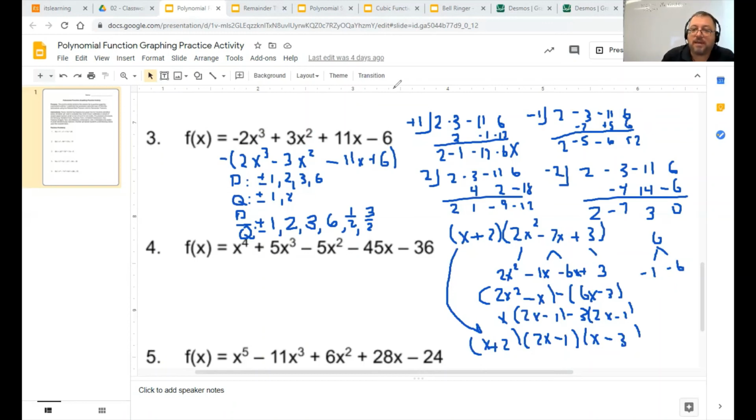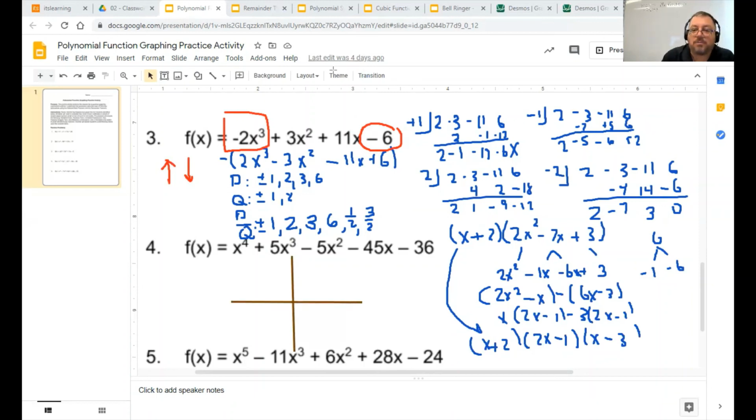Let's think what the end behavior is here. I have a negative 2x to the cube up here. This negative 2x to the cube is odd negative, so that's up, down. Here is my y-intercept, negative 6. So let's see what this thing's going to look like. Let's draw it. Let's draw my y-axis. Let's draw my x-axis.